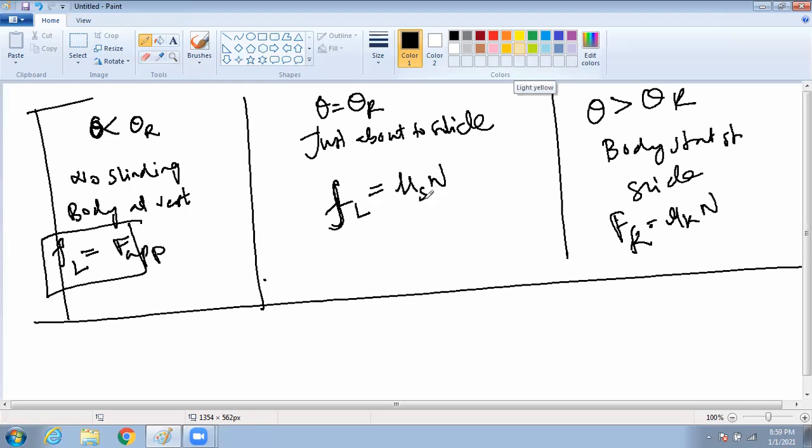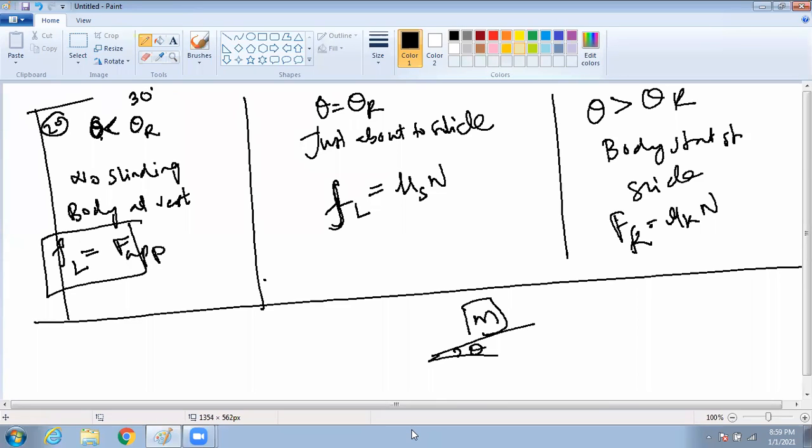Sir, theta r is the angle of repose? Theta r is the maximum angle at which it does not slide. So I am saying if the angle is lesser than theta r, let's say theta r is 30 degrees, and my angle of incline is 20 degrees, then for a particular body there will be a specific theta, no?